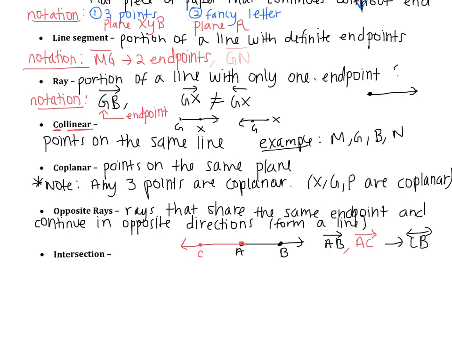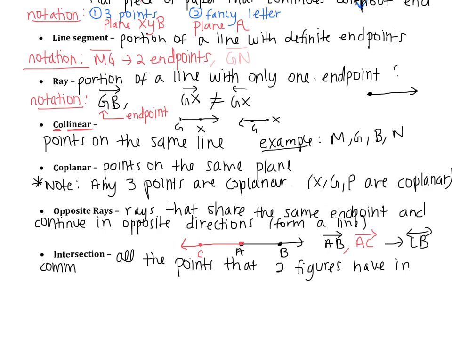And then lastly is intersection. So intersection is going to be all the points that 2 figures have in common. So for example, if we're talking about this line right here and this line right here, they share this point.